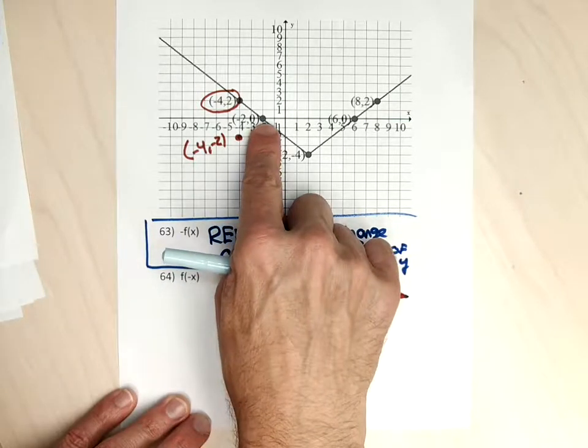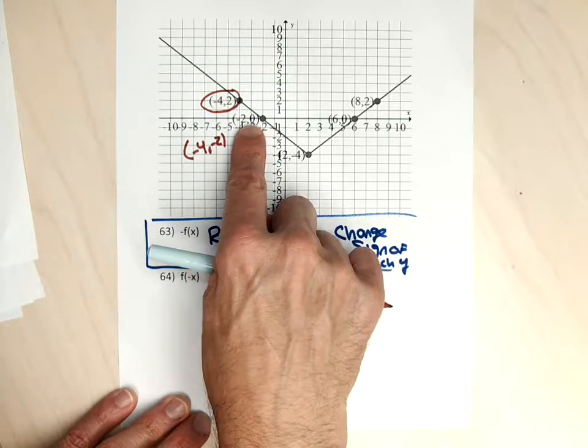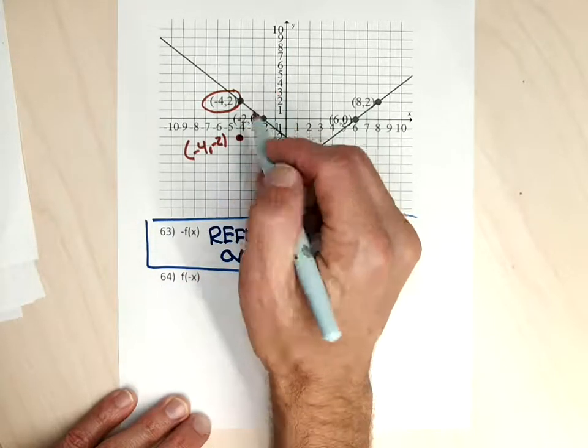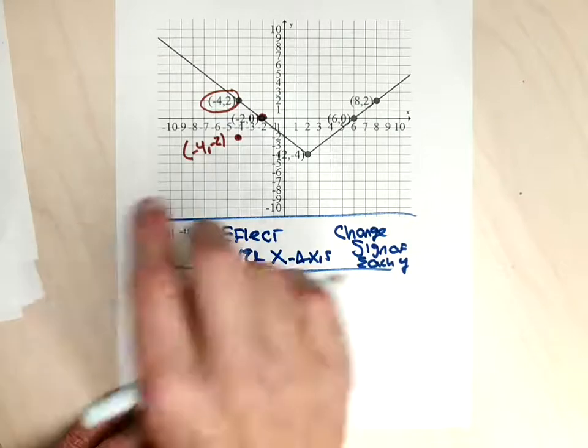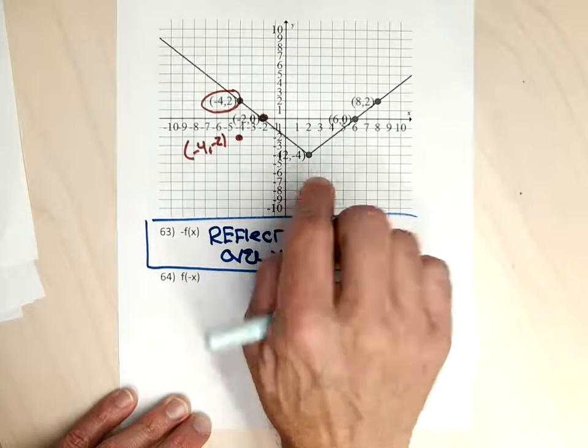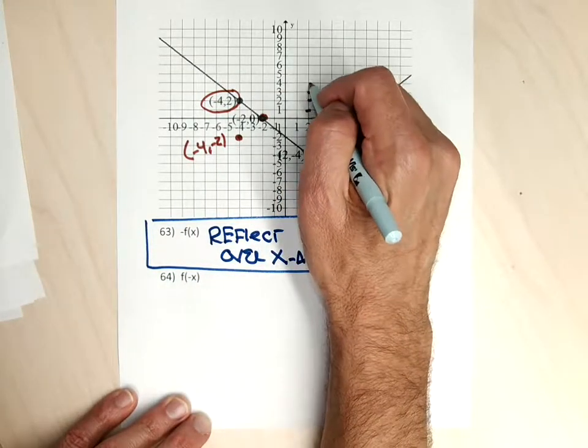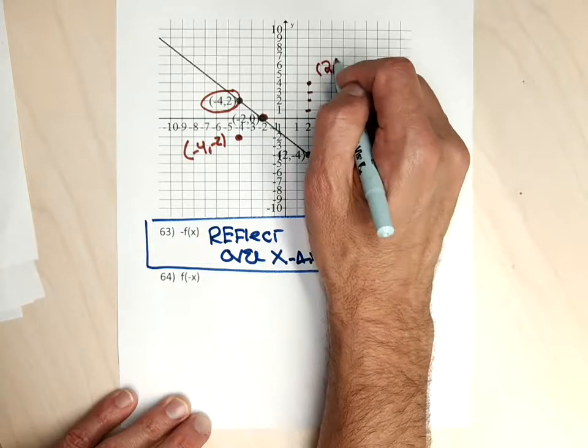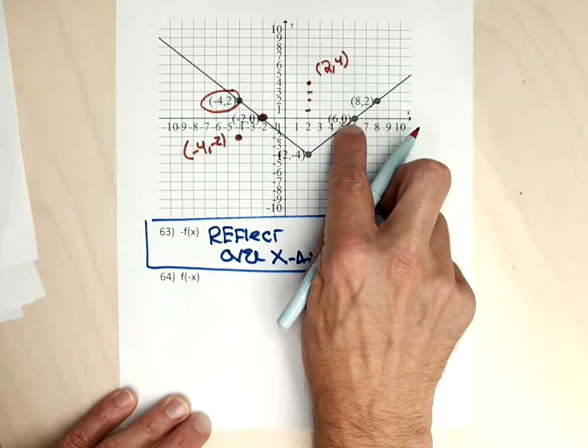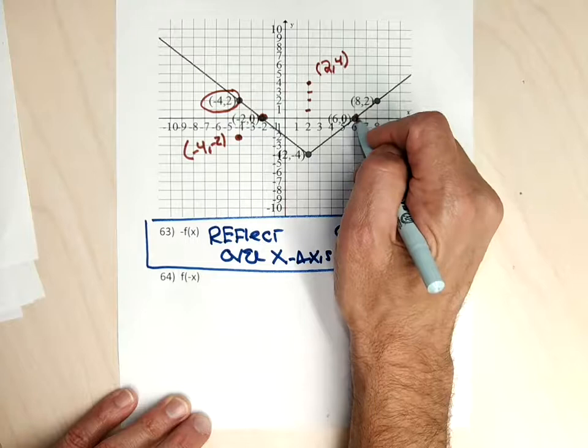This point's the point -2, 0. Changing the sign of 0, which is the y, since the y doesn't have a sign, it's neutral, it's just going to stay there. The point 2, -4 is going to go to the point 2, 4. I'm just changing the signs of the y's. The point 6, 0, again, that's a neutral point in some sense.